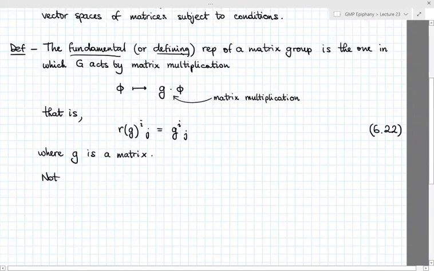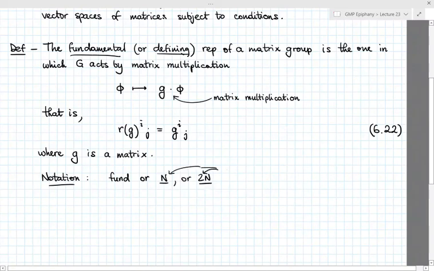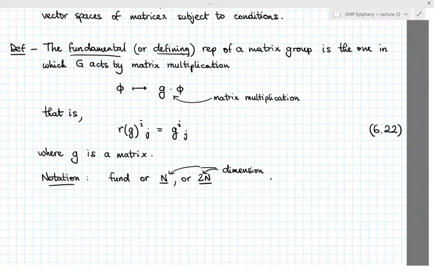And the notation will be that the fundamental representation will be denoted either by fund or say by n or 2n, where these are the dimensions. So it would be n for SU(N) and SO(N) and 2n for USp(2N).